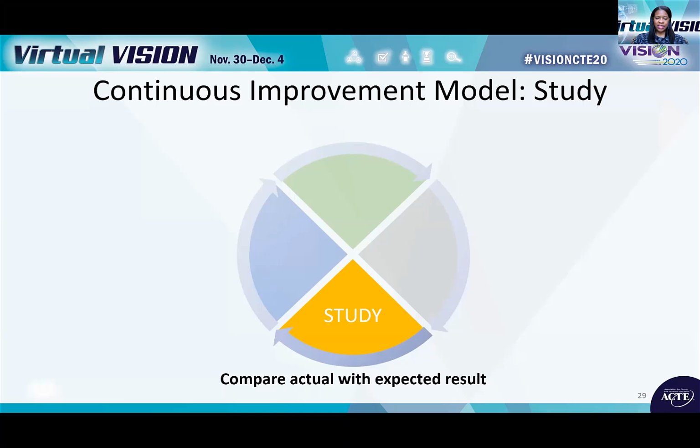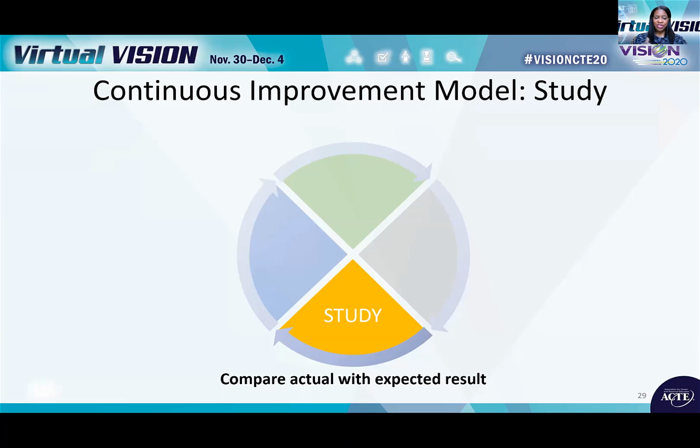So study is really built on the previous work that you have done and been engaged in. And here again, you are collecting data and analyzing data to evaluate what the impact has been of the do component.